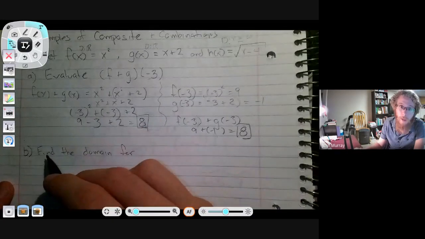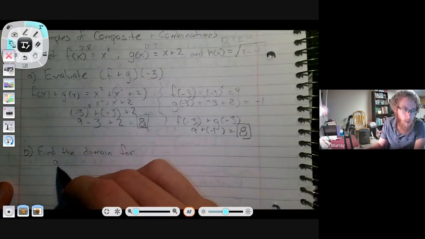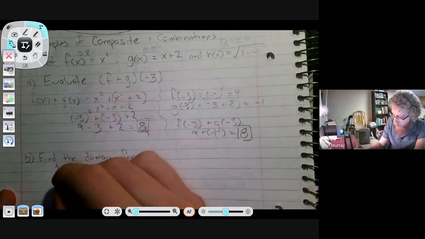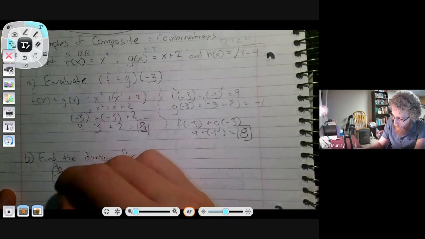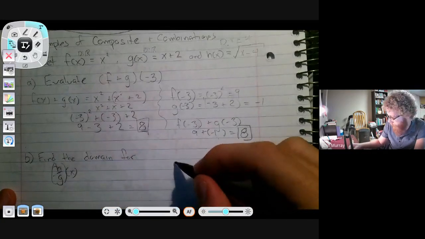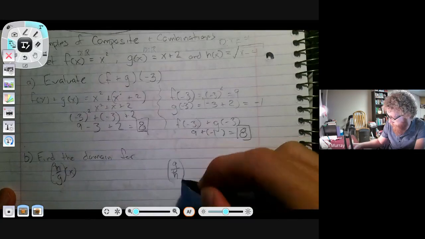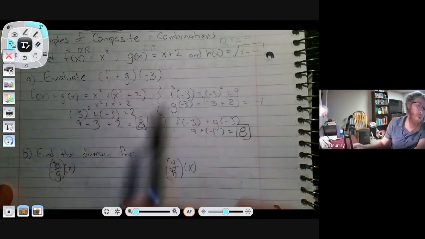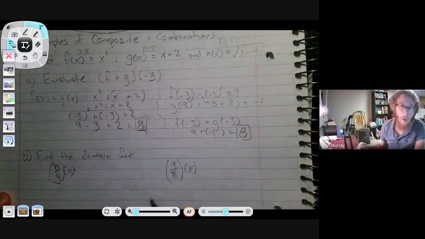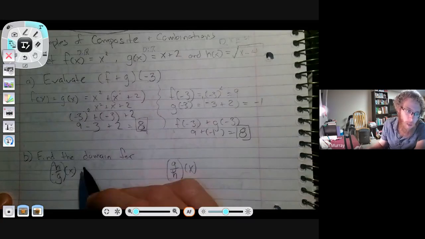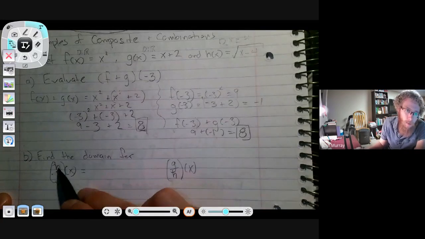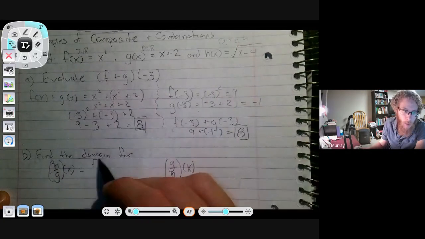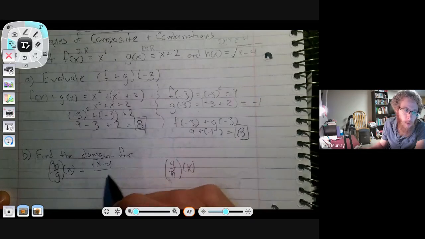We're going to do 2 here. We're going to take a look at h over g and then g over h, and we're going to compare the domains. So when I have h over g, we're just going to put them in a fraction form. So h goes on top. H is the square root of x minus 4.